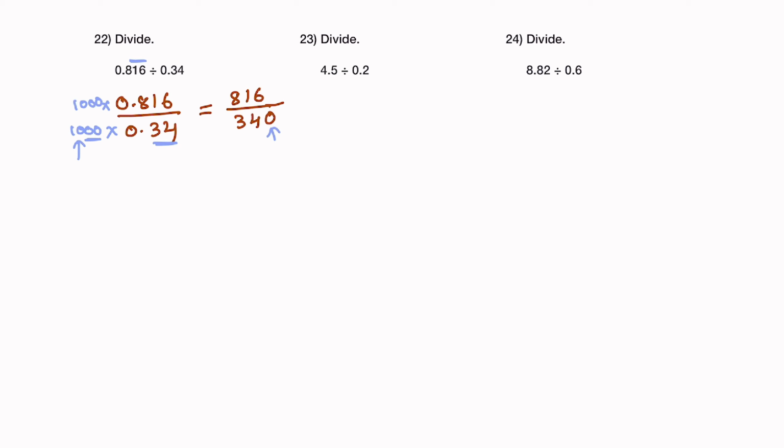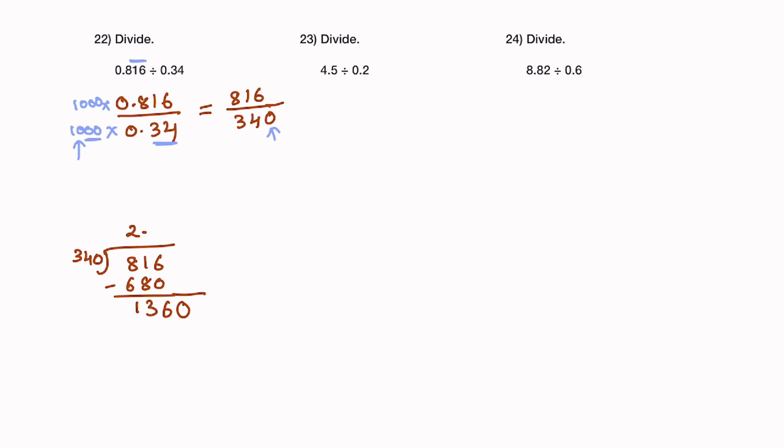So we do the division here. 816 divided by 340. 340 times 2 is 680. So that 6 comes down. 81 minus 68 is 13. And we put additional 0 here because we have nothing more there, right? And we put decimal there. So let's try 340, 34. It's closer to 30 if we take that. So 3 times 4 is 12, right?